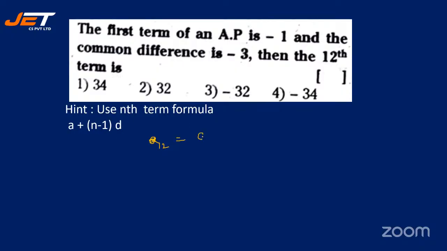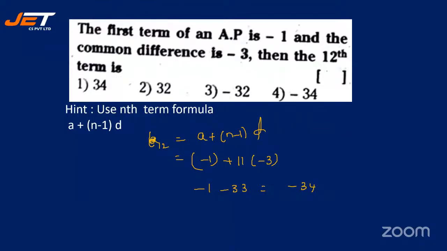So it is A plus n minus 1 into D. Tn, T12. Okay, so what is A? The first term is -1. The second term is n minus 1, 12 minus 1 is 11. Common difference is -3. So -1 minus 33. So it is -34. So your answer must be option 4.